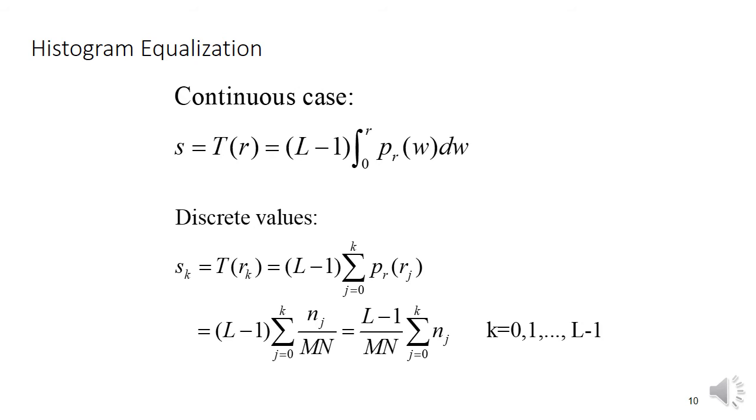And here is more elaboration of this discrete function. The right hand side of this function is equal to L minus 1 times the summation of nj over mn, where j is from 0 to maximum of k, and here mn is constant, so L minus 1 over mn times the summation of nj.